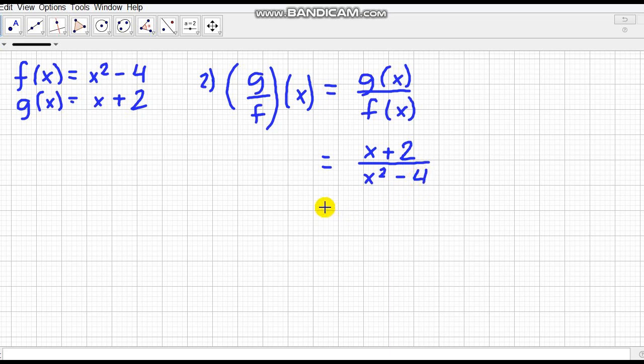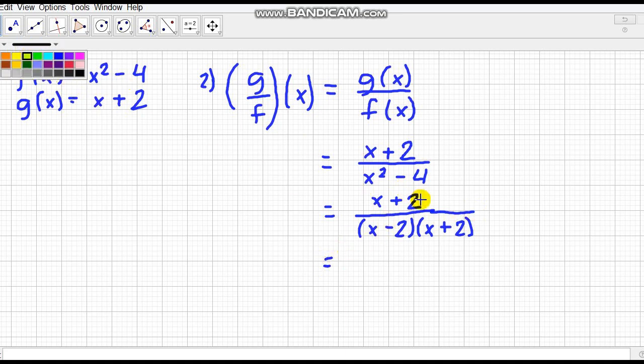Take note that we can factor out the x squared minus 4. So we now have x plus 2 all over the factors of x squared minus 4, which are x minus 2 and x plus 2. So we divide the x plus 2's here.